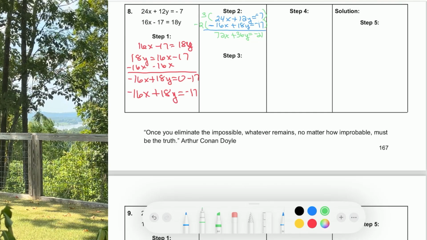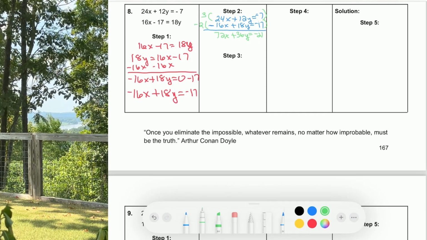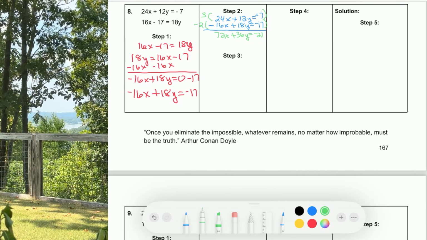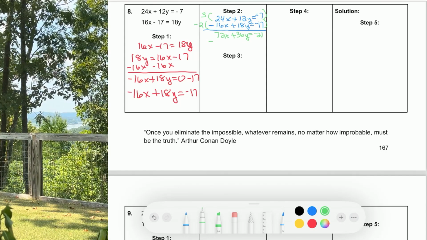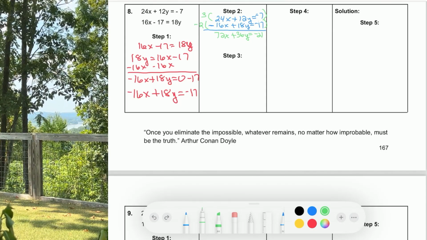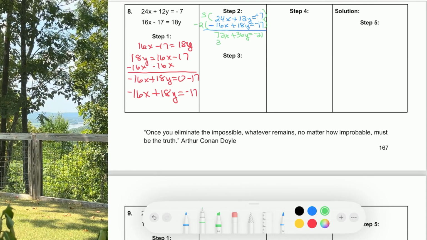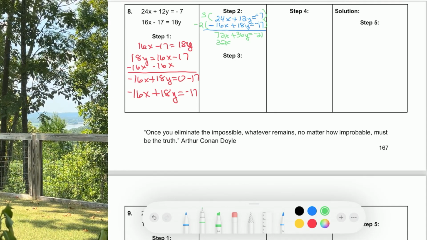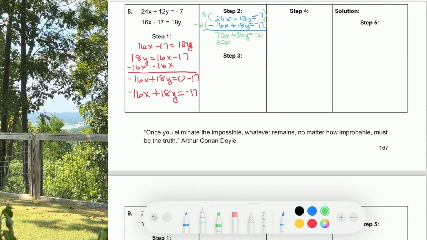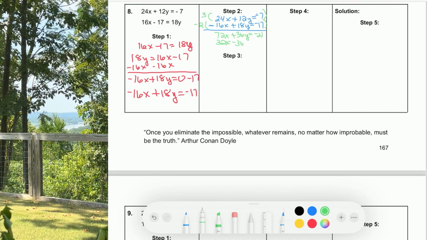Then that becomes a positive, not a negative, a positive 32x. Negative 2 times 18 is going to give me a negative 36y.